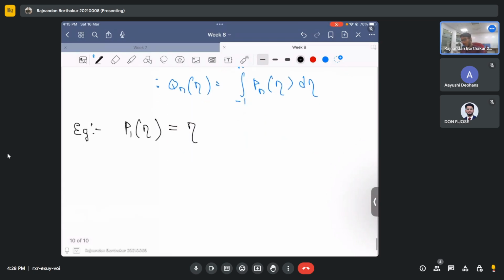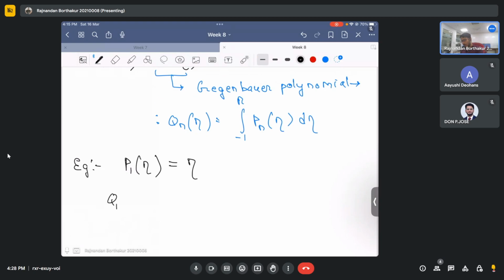Which means Q1 of eta, that is the first Gegenbauer polynomial, is nothing but the integral from -1 to eta of P1 of eta, which means it's eta times d eta. I hope this is clear.